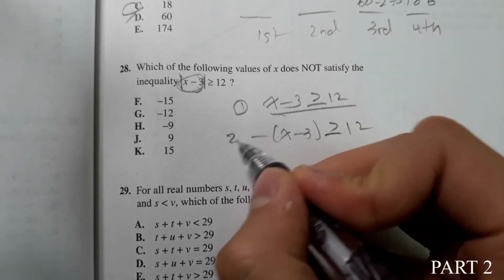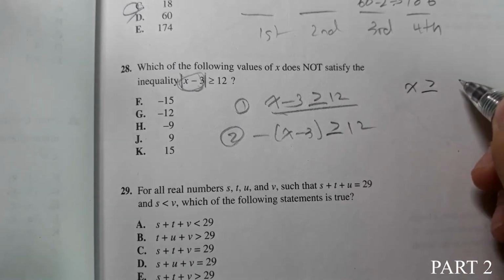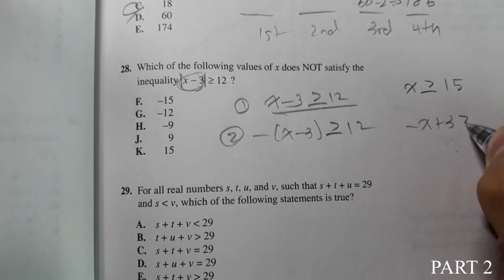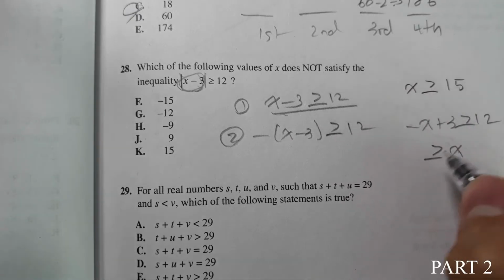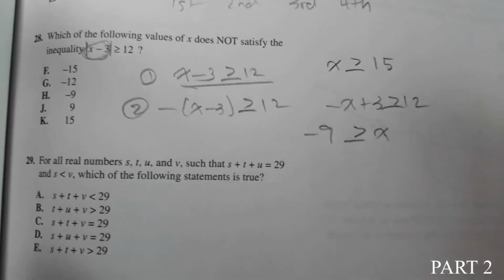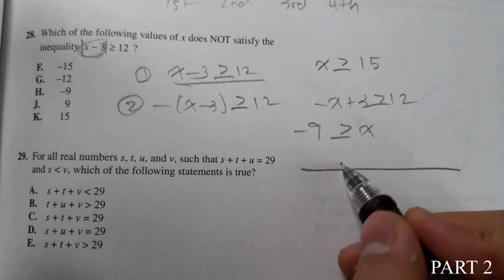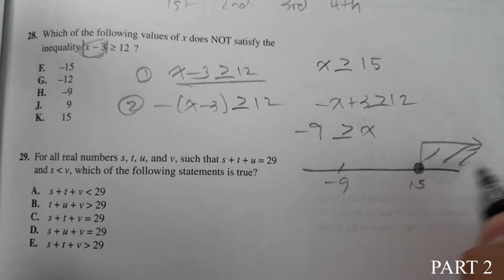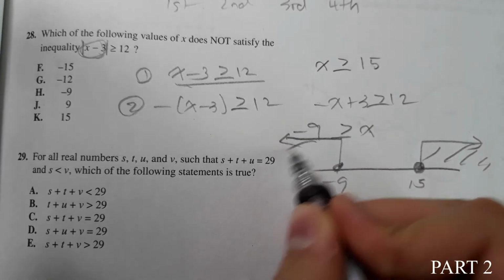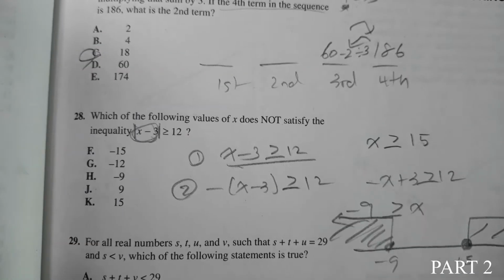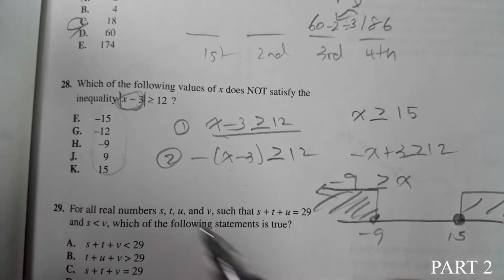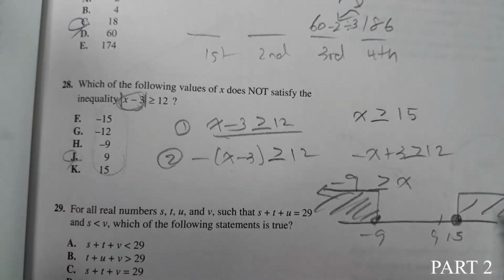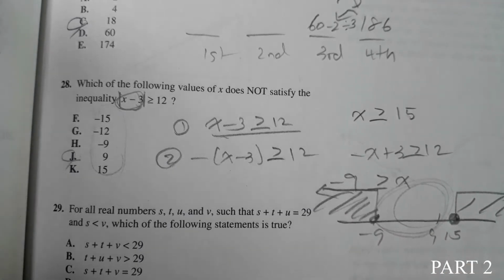Let's do the first case first. So there are 2 looking like this, and let's draw it, right here and right here. We just have to figure out which number does not satisfy from these. We can say this 9 does not, because 9 is somewhere over here and it does not cover the range.